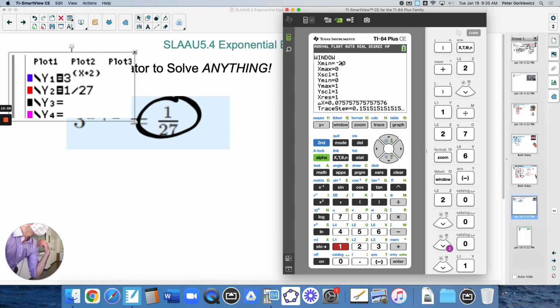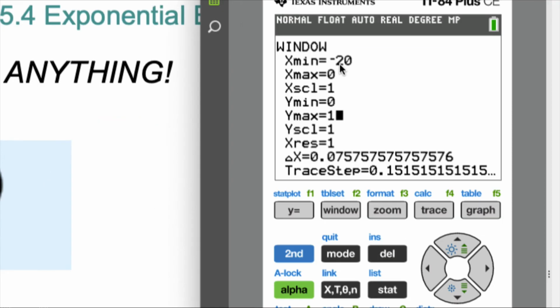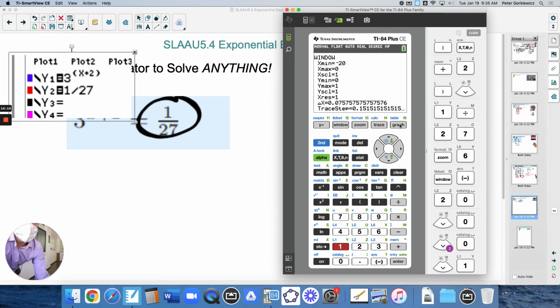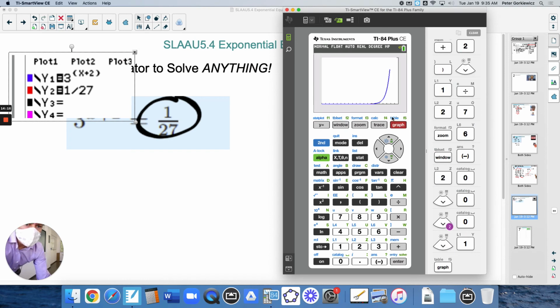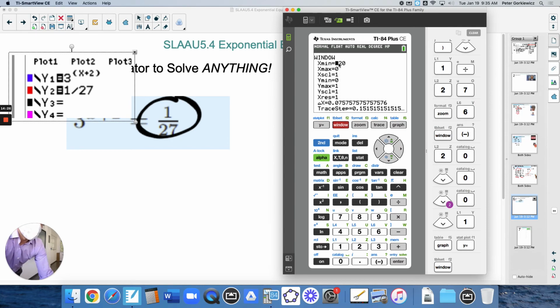And this is fussy, but it's definitely part of the dance. So just make sure your signs are correct. My x minimum is negative 20, maximum 0, scale 1. Okay, so let's try that. There's that. So I kind of zoomed in just where I thought this intersection might be.